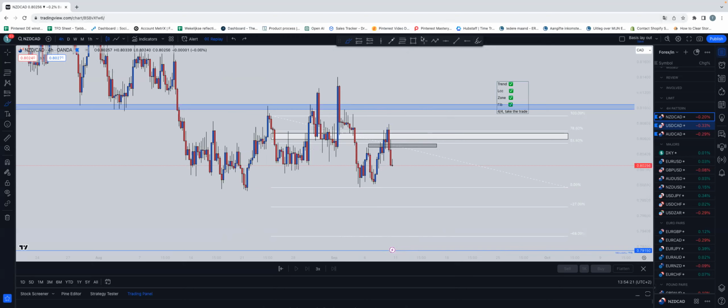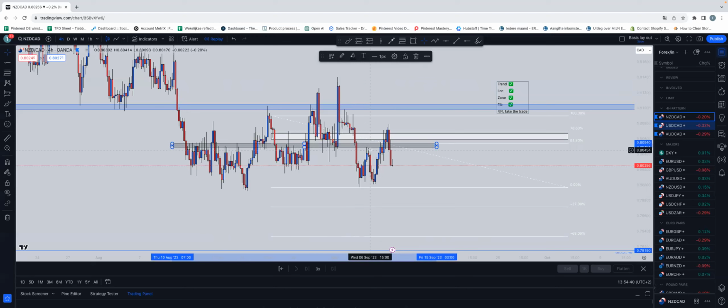And what is also nice to see, if I make my zone a little bit bigger to the left, there's a lot of resistance right here, support right here, resistance, and a lot of support right here, also a small resistance here, and we made the momentum retest already on this zone. So pretty big chance we made a resistance on the zone as well.